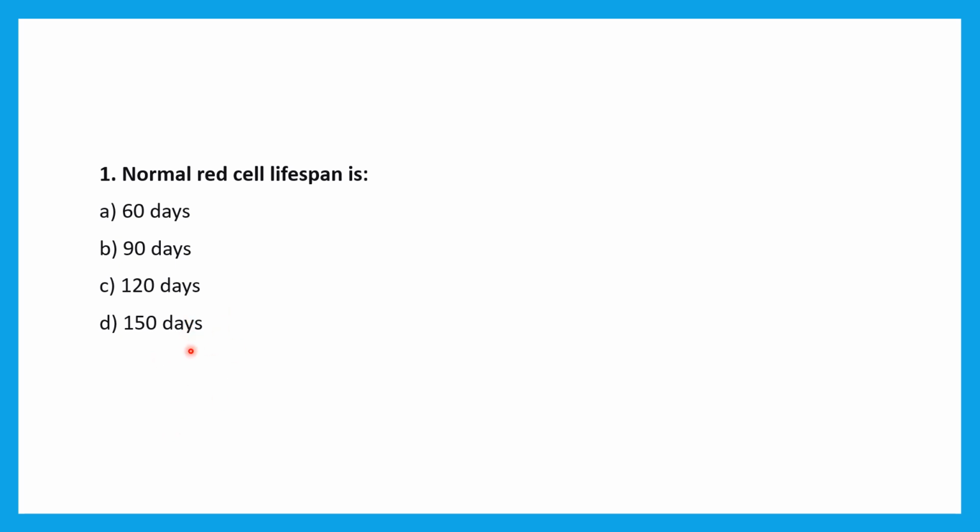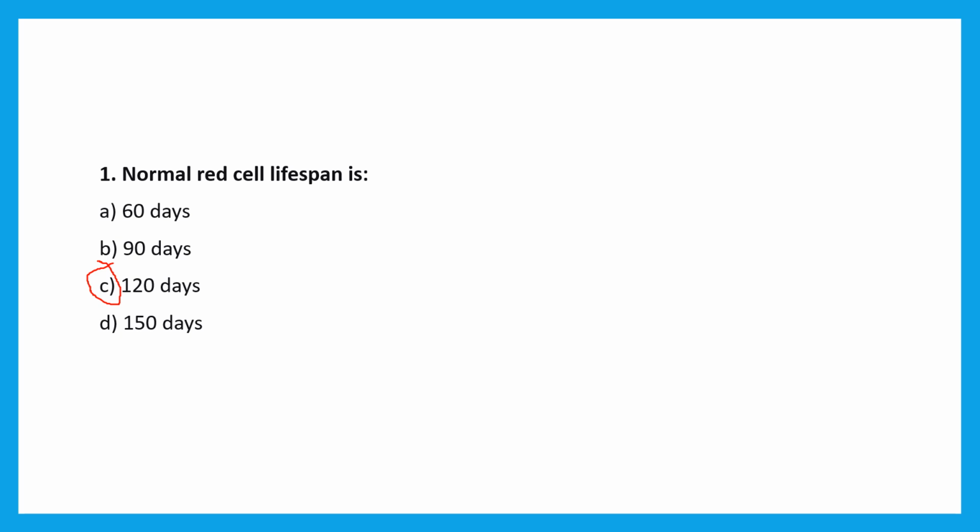So we know that a red blood cell circulates for approximately how many days? 120 days, right? So the answer is C. After this period, age-related changes signal the macrophages of the reticuloendothelial system, primarily in the spleen.